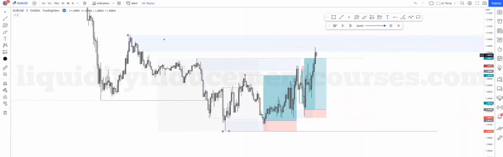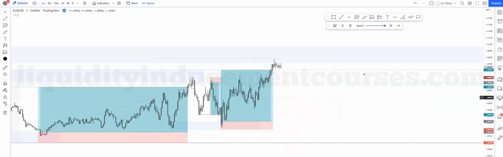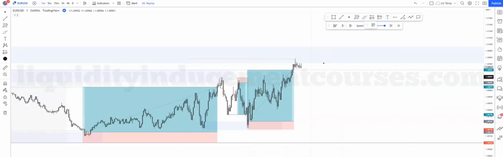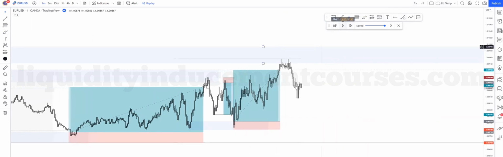So now we came to the POI that I was waiting for. So once this in here, I'm gonna wait for this. That's it. All right, either T1 or T2. All right, a QM in short terms. All right, so we broke structure.